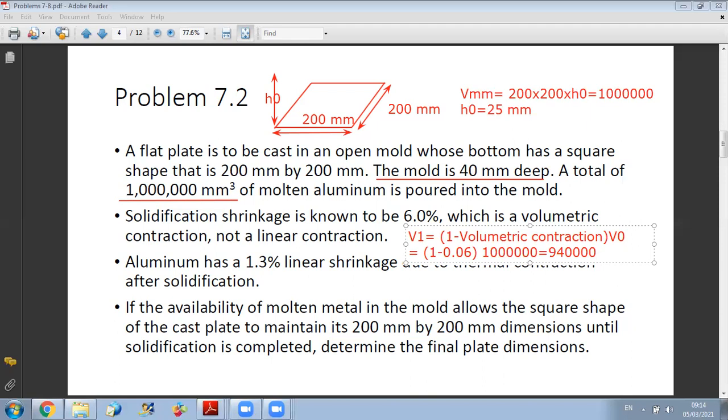Okay, this is the result you will have. Now, this is a millimeter cube, of course. Now, once you have calculated the volume just after the first phase, you will be able to calculate the new value of H1, okay?